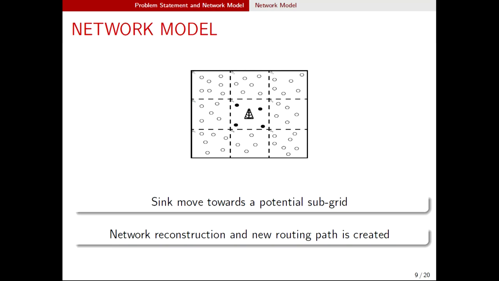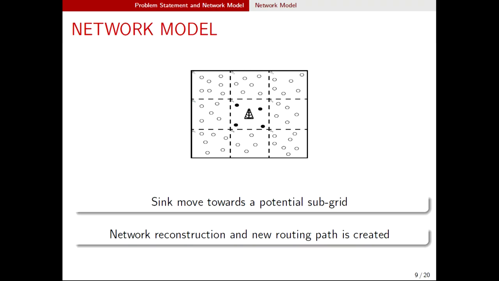There are some typical applications where there will be static sensor nodes, and the sink itself can move from one place to another. Here it's a very simple assumption of a network where there are 9 equally sized zones.